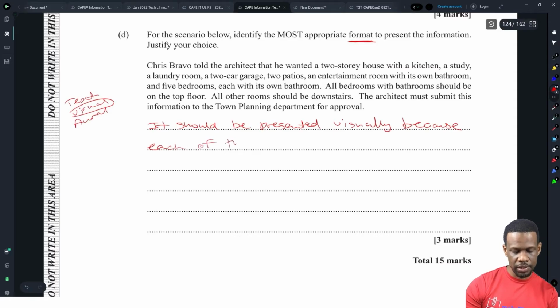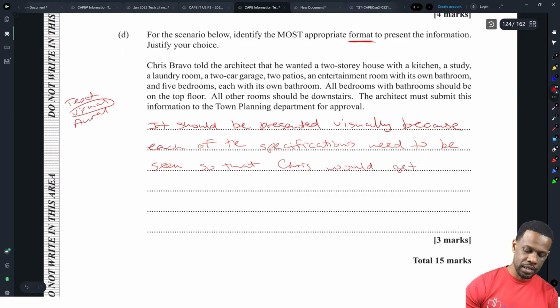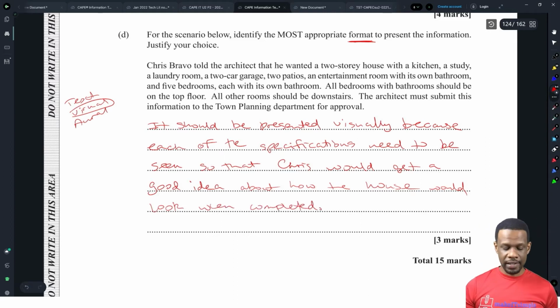Each of the specifications need to be seen so that Chris would get a good idea about how the house would look when completed. Yeah, I try. Like, why would you do that for 3 marks though?